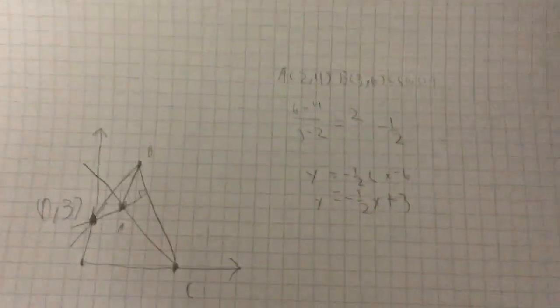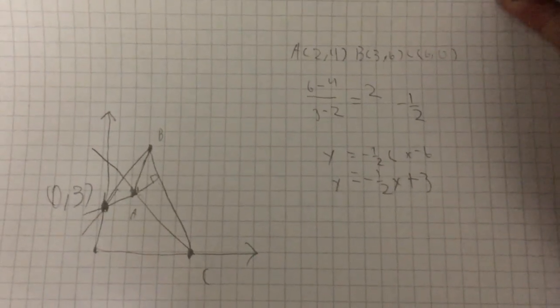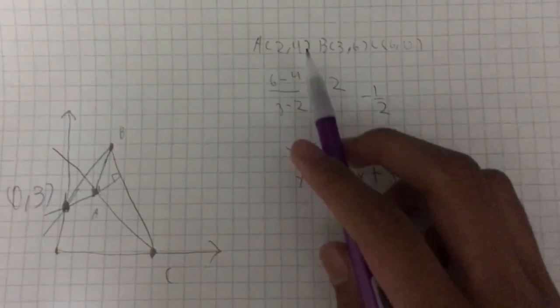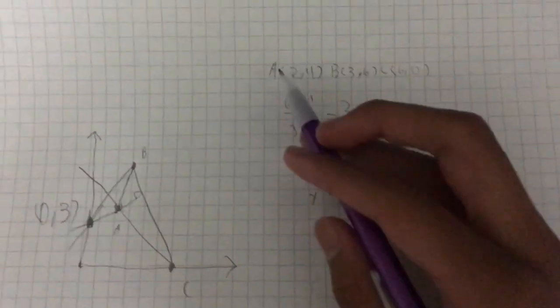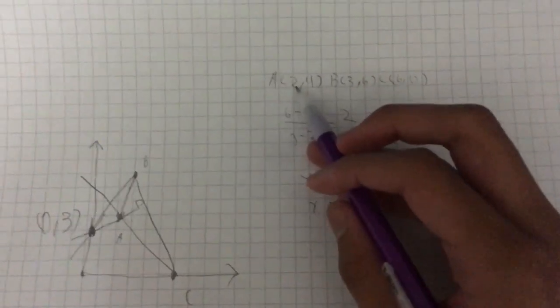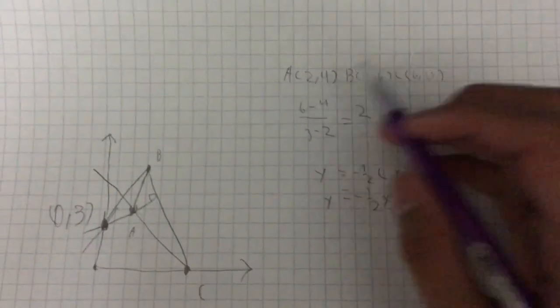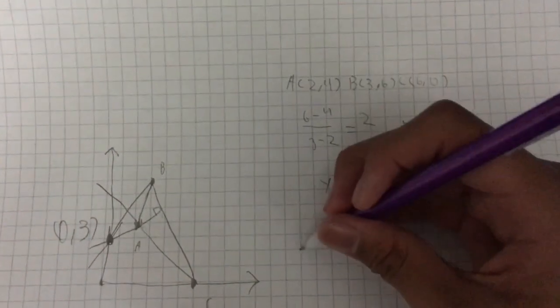And so now we need to find one more line. We'll do the line containing B. So for the line containing B, we need to find the slope of the perpendicular line containing these two. So first we need to find the slope of line AC, which we find using the slope formula again.